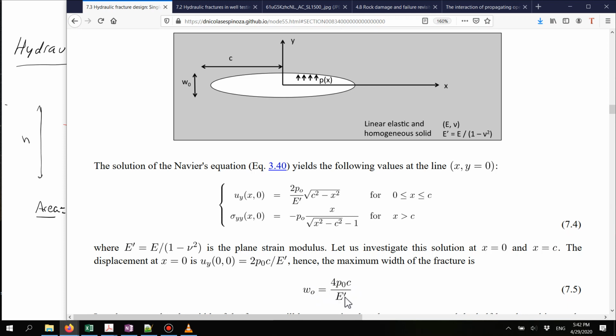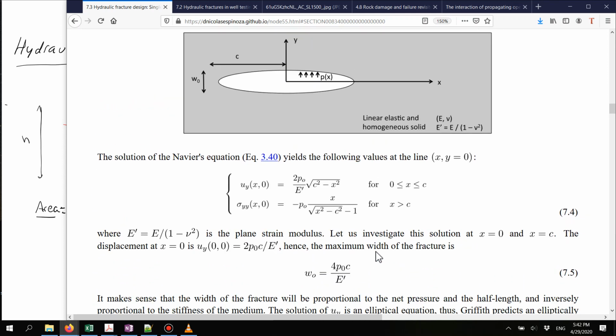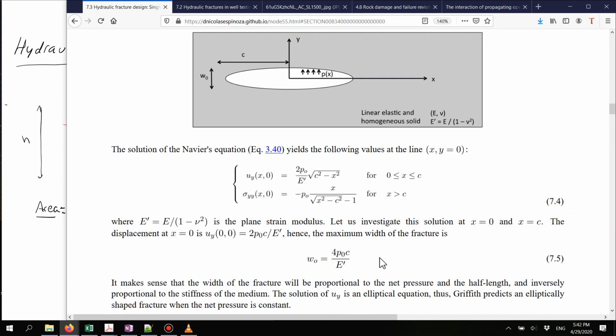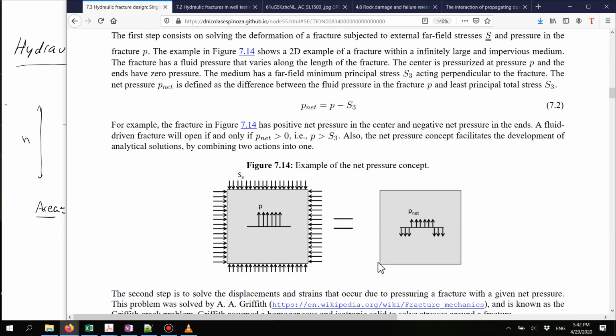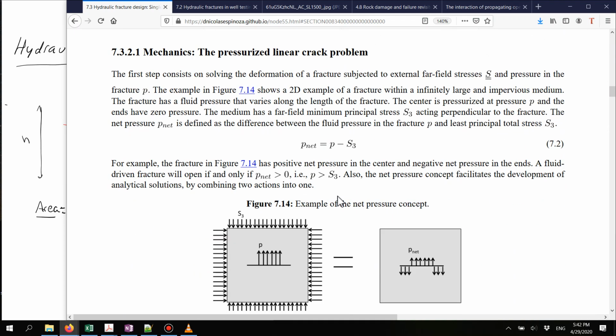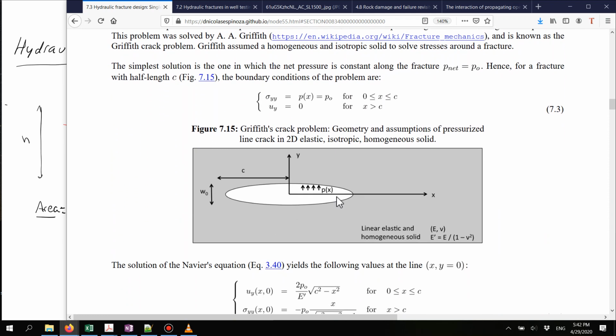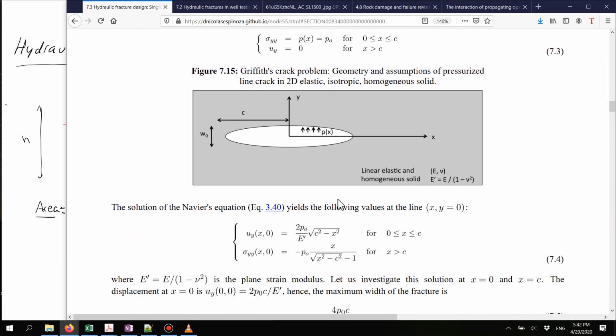And also, as we were expecting, the stiffer the solid is, the smaller the width is going to be. With this equation, we can partially solve what we were trying to calculate in the first problem. That will be, what is the width of the fracture for a given pressure? We'll see that this is going to get a little bit more complicated later on, but at least you know that we have a solution for a simple case right now.